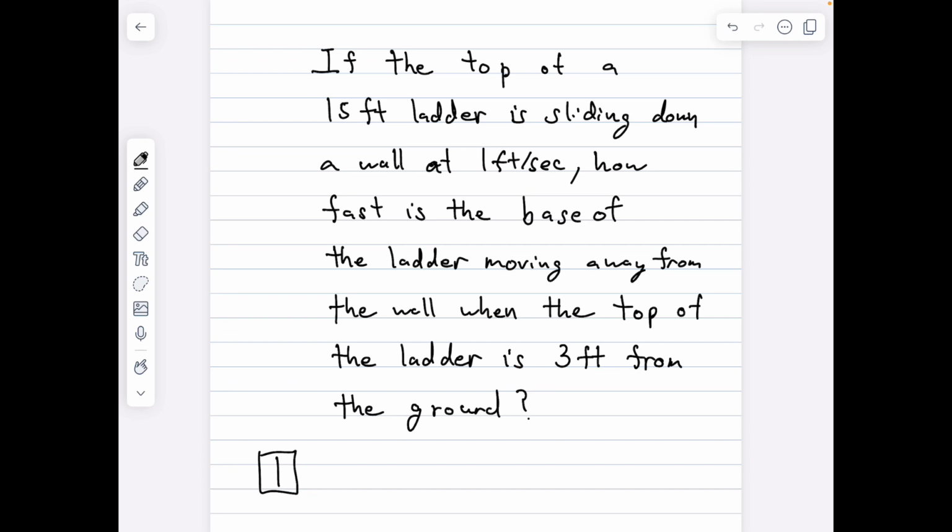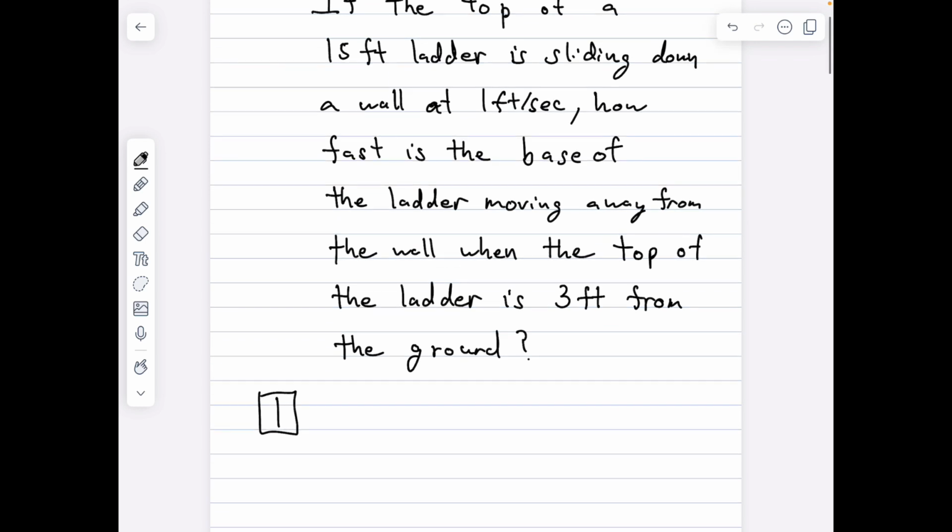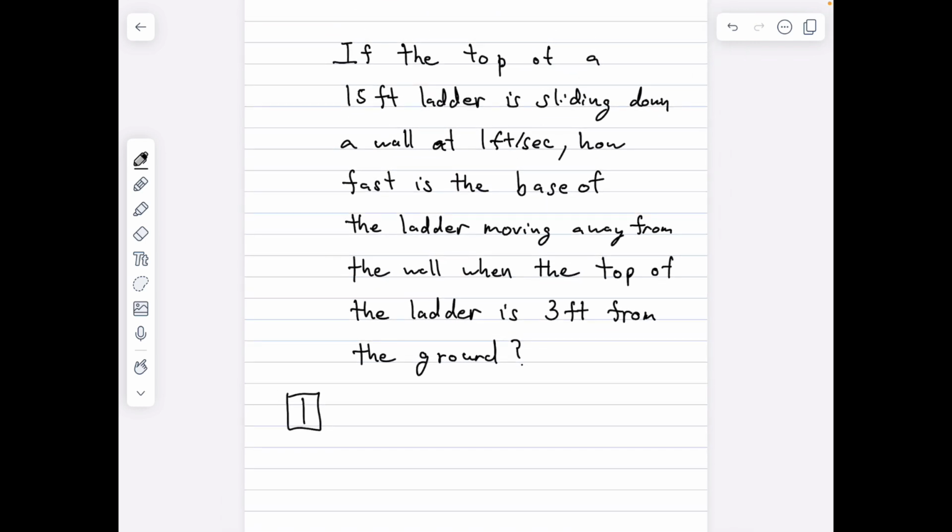Okay, so when we're working with related rates problems, there's several things that I'd like to do. I do these more just to organize our material and our information, because there's a lot going on with these problems typically. So first of all, I'm going to draw the scenario that's going on.